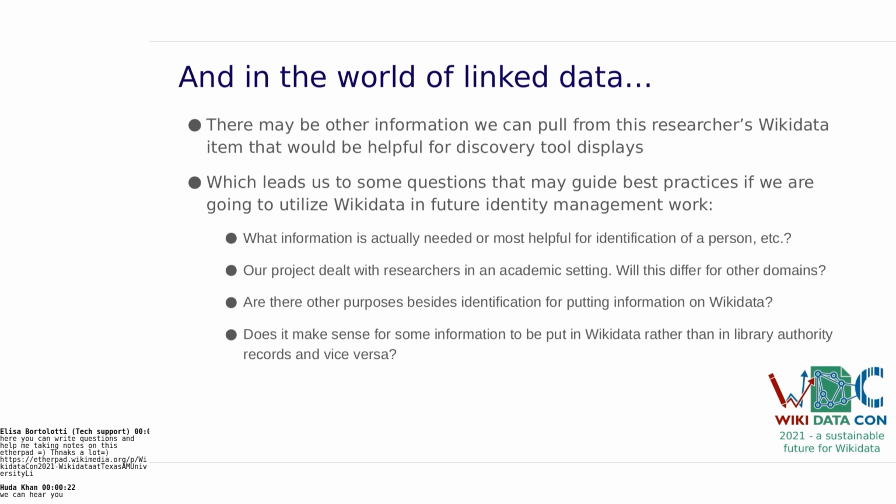So that information might differ. And are there any other purposes besides identification that would justify putting information on Wikidata? Once we start playing with the SPARQL query service in Wikidata, I think that will be very revealing about what other information might be useful. Finally, does it make sense for some information to be put in Wikidata rather than in the library authority control records, and the other way around?